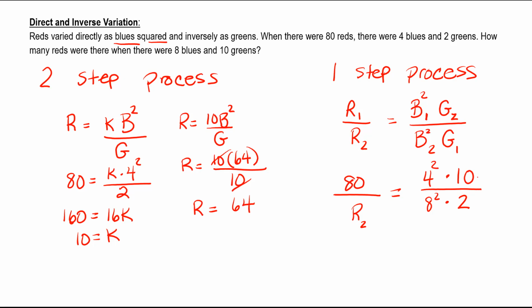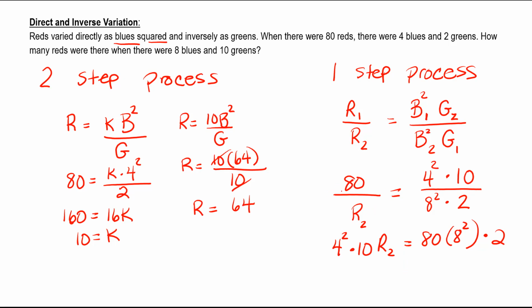So we can fill all the values into one equation in this process, and then we just cross multiply. So we would have 4 squared times 10 times R2 is equal to 80 times 8 squared times 2. So I want to do some canceling here.